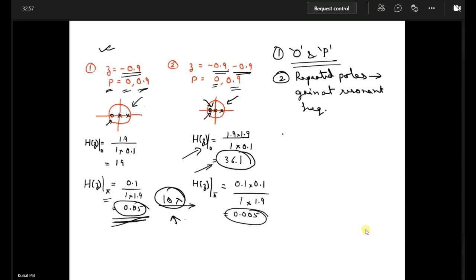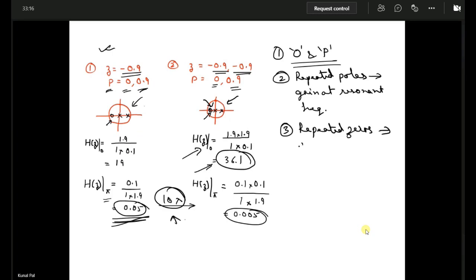Okay. Similarly, when we are placing repeated zeros, what is happening?